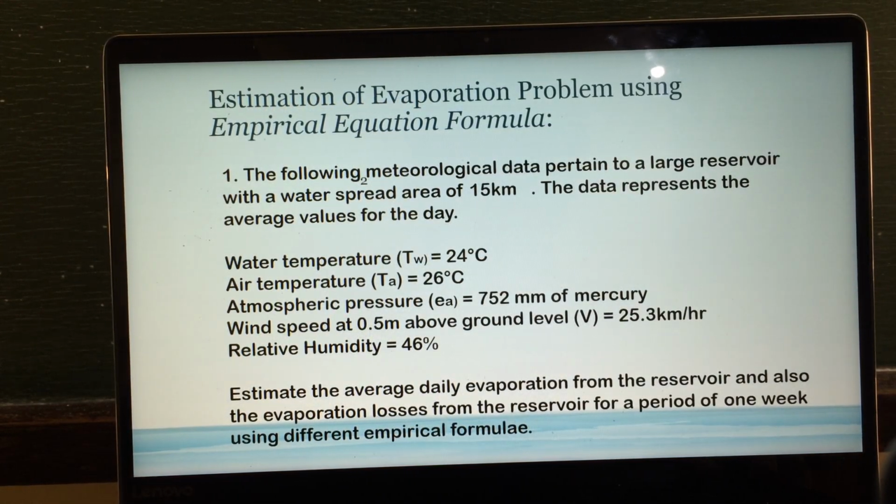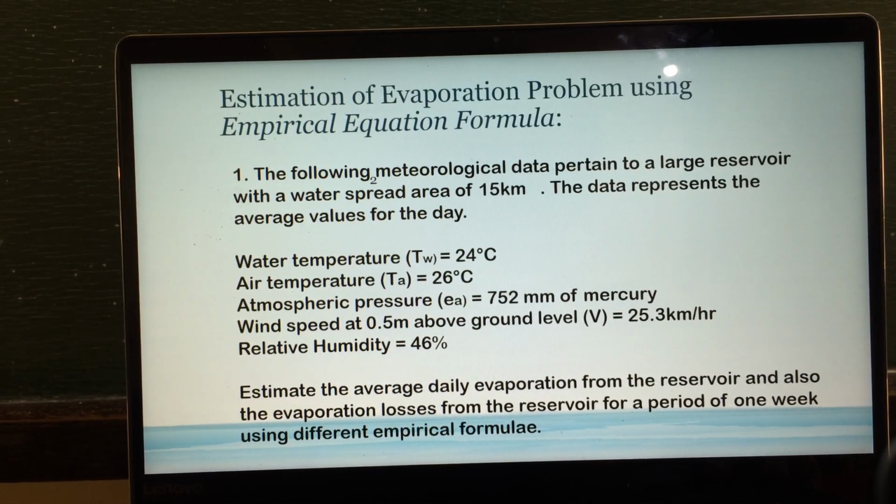Estimation of evaporation problem using empirical equation formula. The following meteorological data pertain to a large reservoir with a water spread area of 15 km. The data represents average values for the day. Water temperature, T sub W, is equals to 24 degrees Celsius.